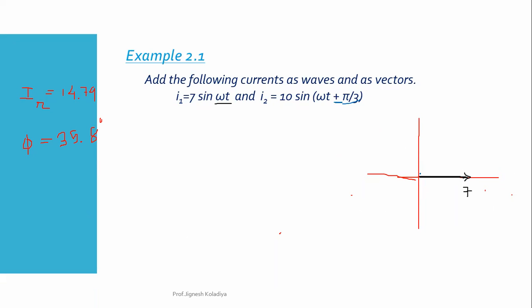So I can draw this vector at 60 degrees like this. Consider this angle is 60, and the magnitude is 10.